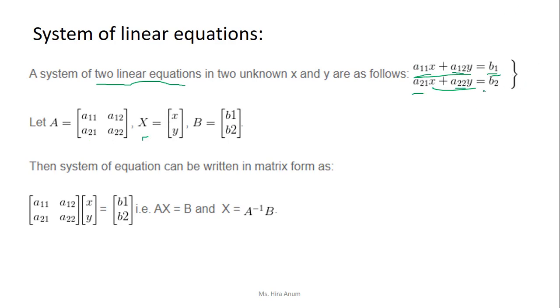Then the system of equations can be written in matrix form like this: A multiplied by X equals B. Then find the inverse to find the X value, so X equals A inverse B.